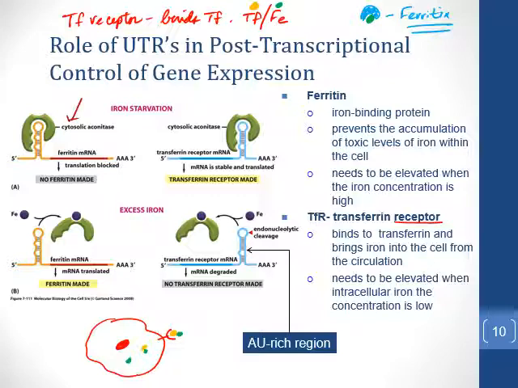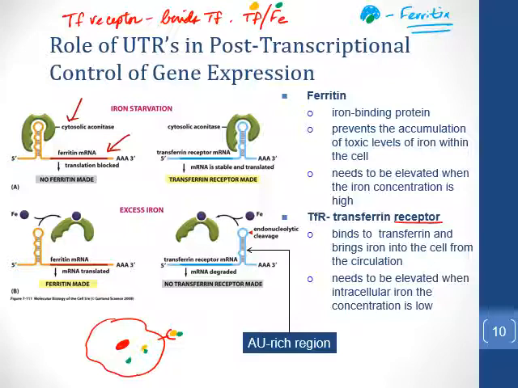Now, notice that cytosolic aconitase can bind to the 5' UTR of the ferritin mRNA. So here's the ferritin mRNA over here, and cytosolic aconitase is binding to the 5' UTR. Cytosolic aconitase can bind to the 3' UTR of the transferrin receptor mRNA.